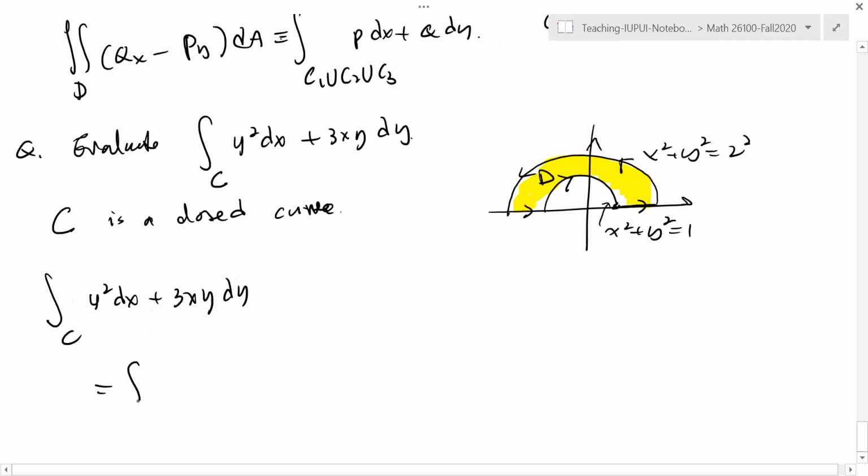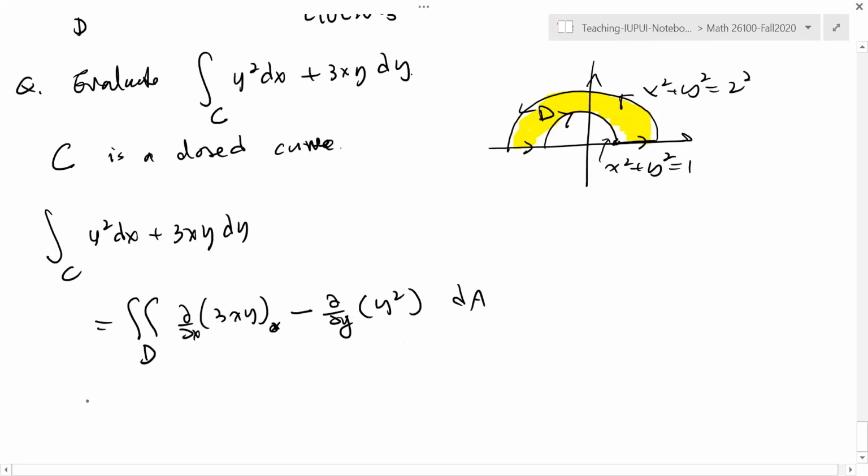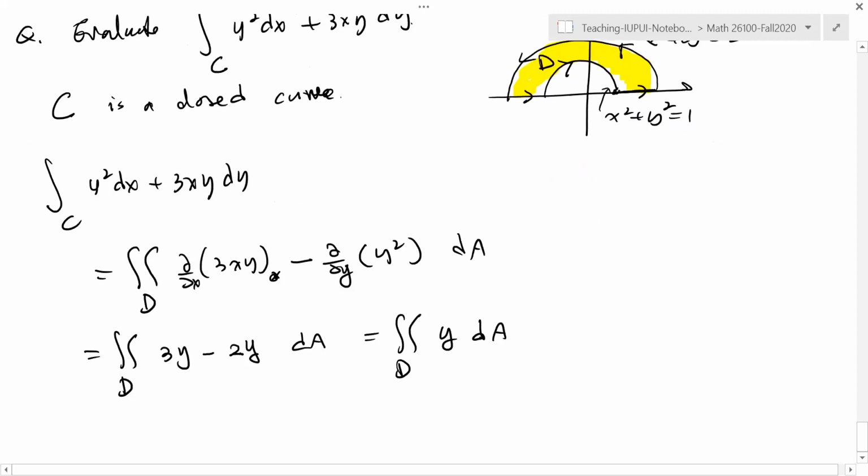It will be the double integral of the partial derivative of 3xy with respect to x minus the partial derivative of y squared with respect to y, dA. So you will get 3y minus 2y dA. So it's just the double integral of this.